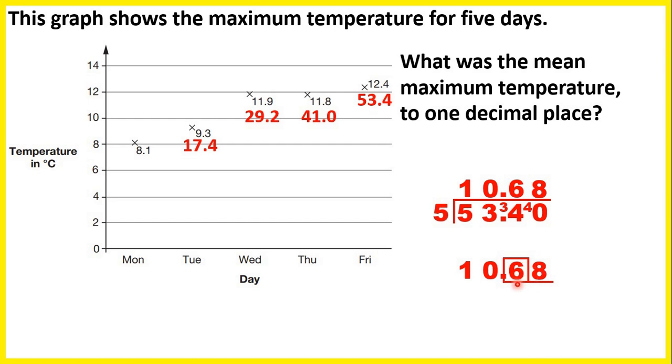So that means the 6 will become a 7, so we have 10.7. And with decimals, we don't need to change digits to the right to zeros. We can ignore the zeros on the end, because 10.7 is the same as 10.70. So our answer is 10.7 degrees.